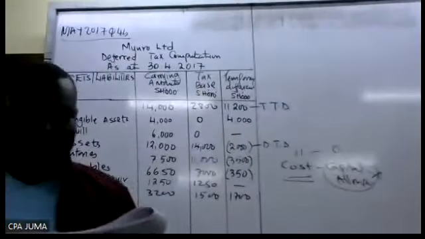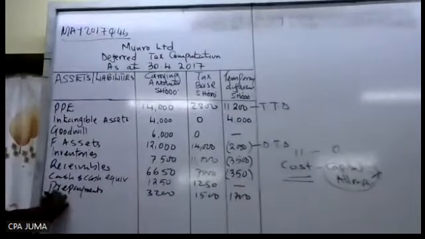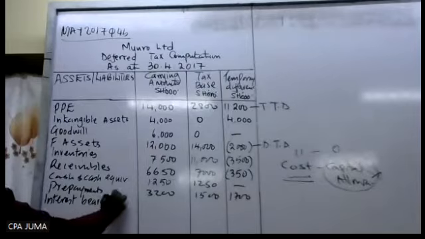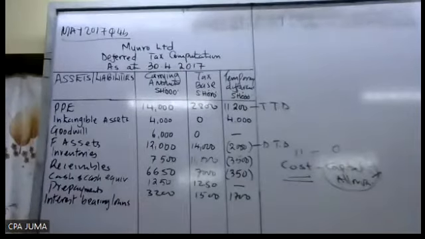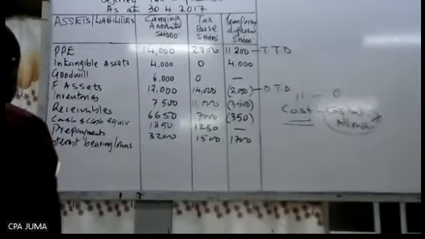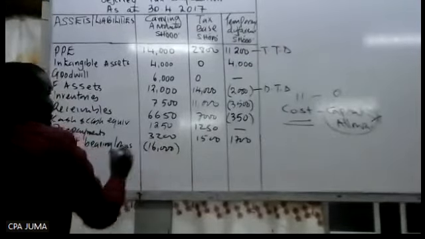Ignore. Go to the current liabilities. Interest bearing loans. So interest bearing loans, how much is this? 16. Remember, these are now liabilities.